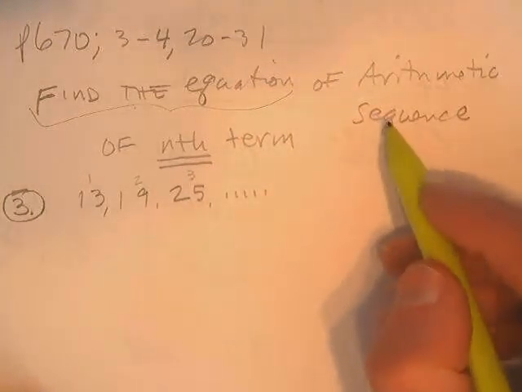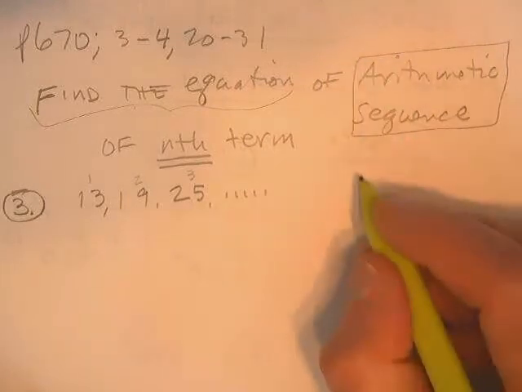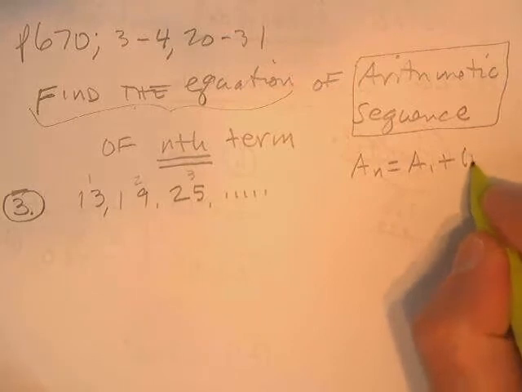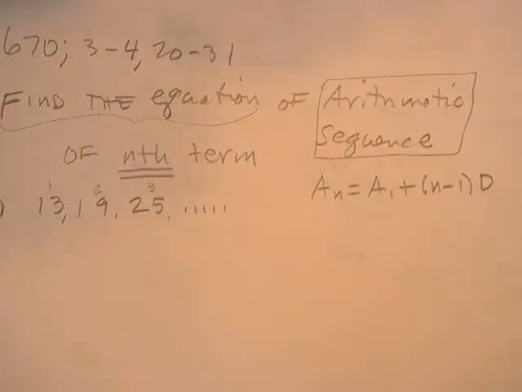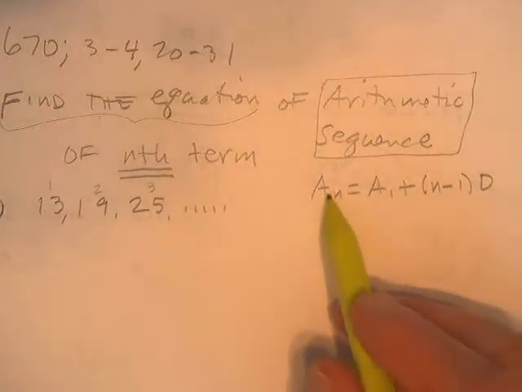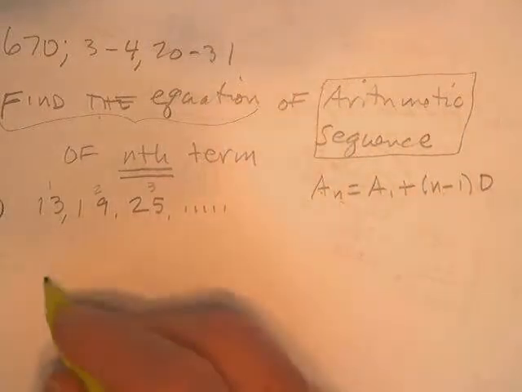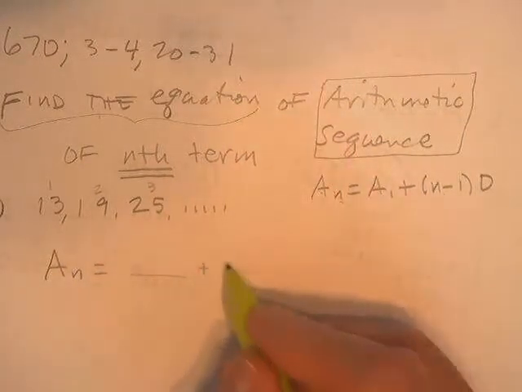Okay, well, lucky for us, here's the first formula you're going to see. Where this is the nth term, and that's n. So if you think about it, please think about this.